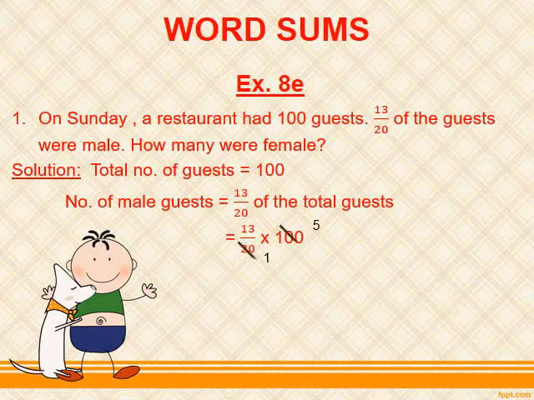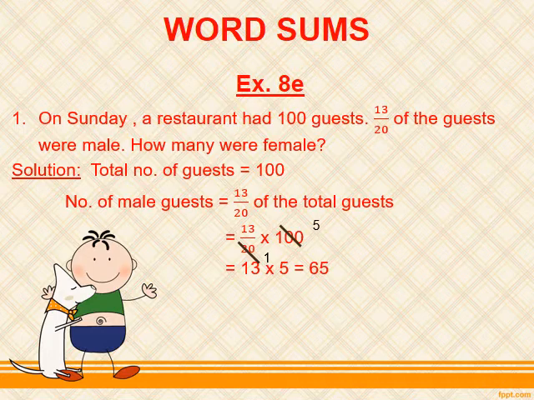Now children, we can divide 100 in the numerator and 20 in the denominator by the common number 20. So when we divide 100 by 20, we get 5. And when we divide 20 by 20, we get 1. So now we can say that it is equal to 13 multiplied by 5, which in turn is equal to 65, right? So the total number of male guests is equal to 65.